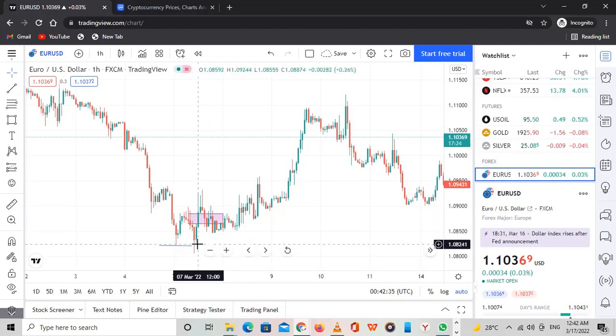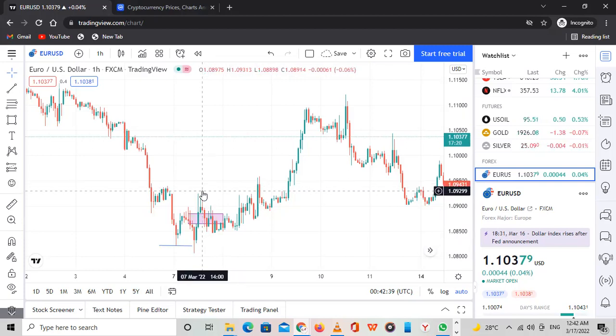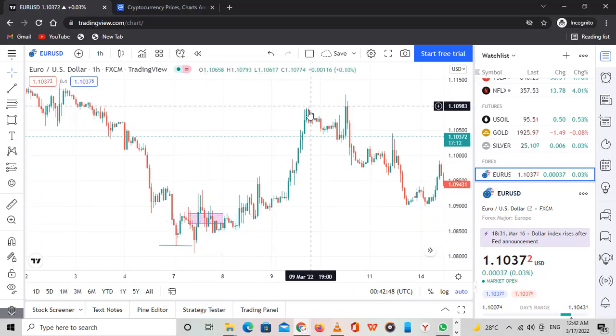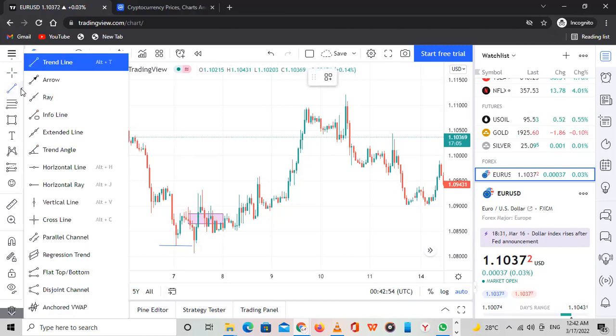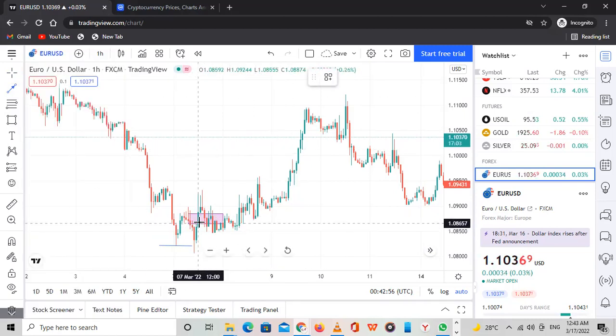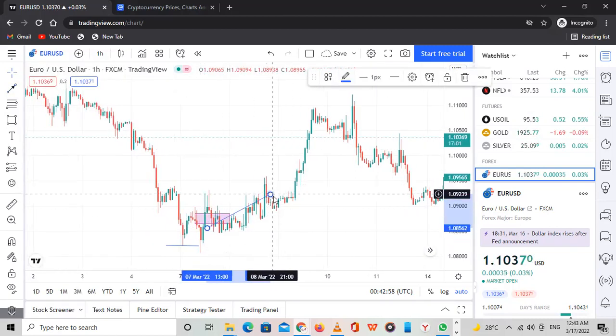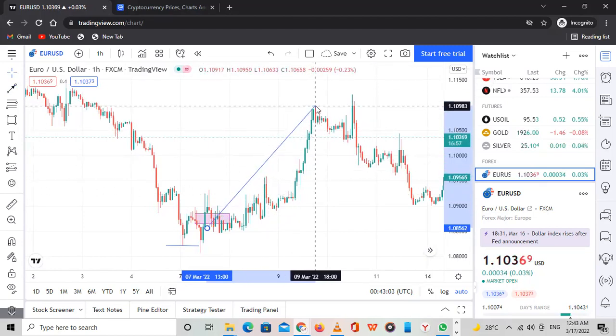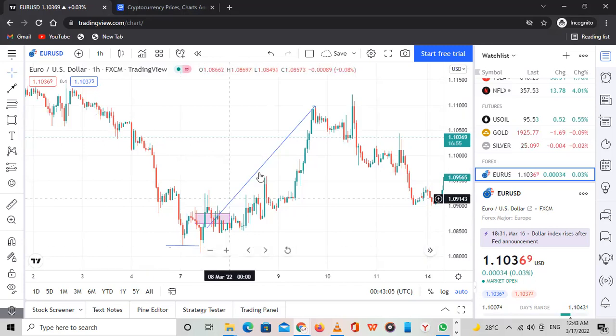If you had entered here, you would have gotten the ride up here. If there is a gap here, you wait for the market to trade into the gap and then you enter here too, and then look, all the way up there. From here all the way to this place. How many pips is that?